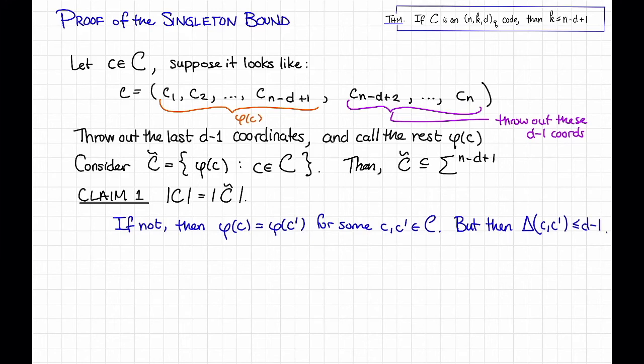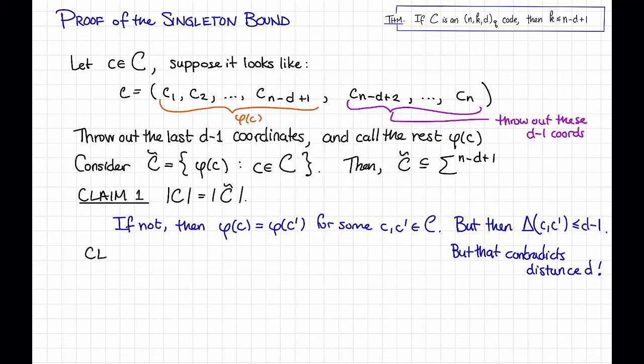That's because if phi of c is equal to phi of c prime, that means that this first chunk is the same for both c and c prime, so the only coordinates they could differ on are this last chunk, and there's at most d-1 of those. But the original code had distance d, so this would be a contradiction. So that establishes claim 1.